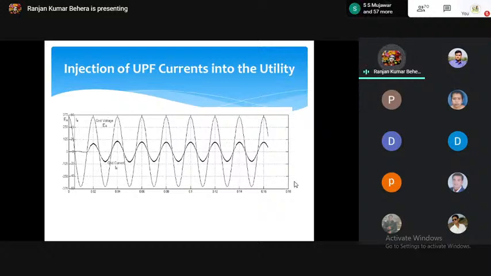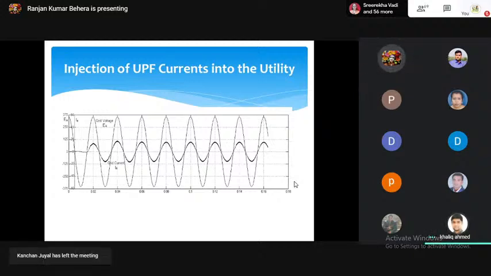When the displacement factor is 1, then the complete unit is like 1 only. So this is nothing but the maximum power transfer to the grid. Unity power factor also means it doesn't draw any reactive power.